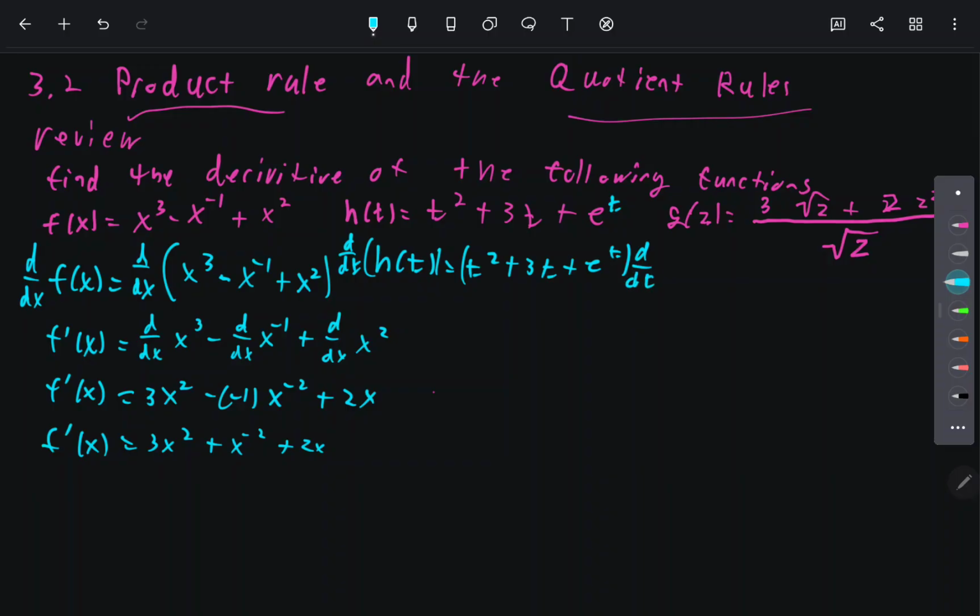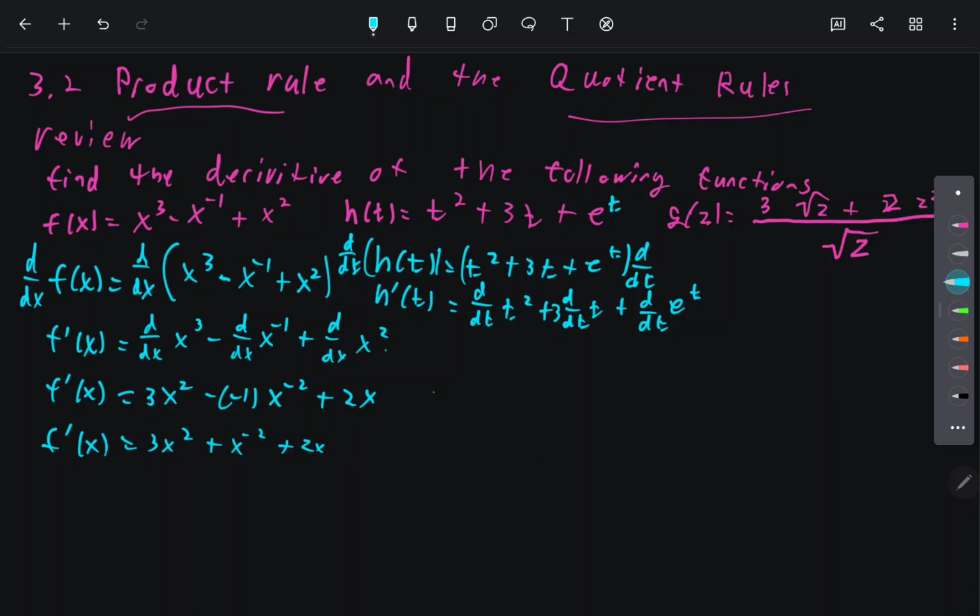And so we have h prime of t, and we're going to distribute the derivative. So we get d over dt of t squared plus d over dt, and we're going to bring this 3 outside of it. So we're going to get 3 d dt of t. And finally, we get plus the derivative with respect to t of e to the t.